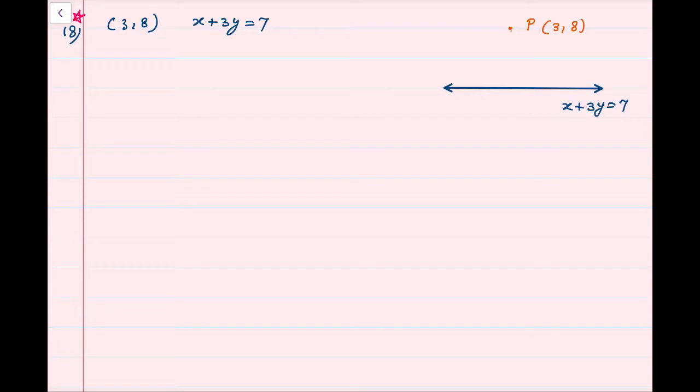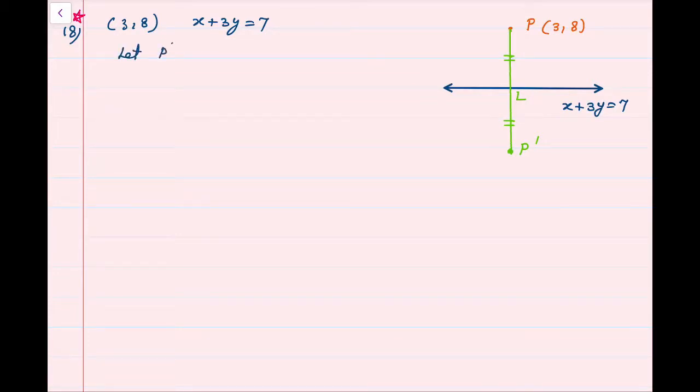Let us draw a perpendicular from P to the line. Let this be point L and this be P dashed, which is the image of point P. Distance PL will be equal to P'L, that is, L will be the midpoint of PP'.